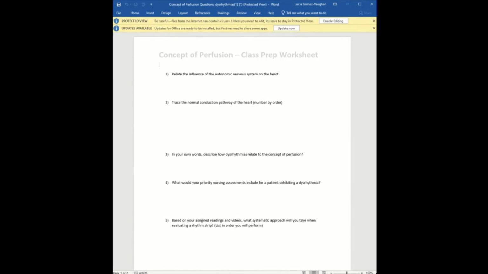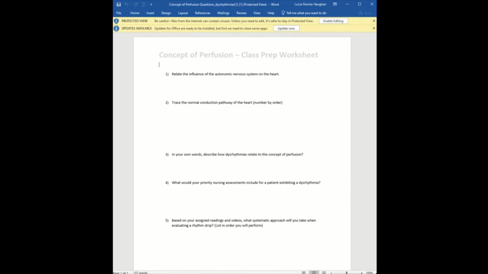The components of the autonomic nervous system that affect the heart are the vagus nerve of the parasympathetic nervous system and the nerve fibers of the sympathetic nervous system. These fibers play a vital role in the rate, impulse formation, speed of conductivity, and the strength of the contraction.